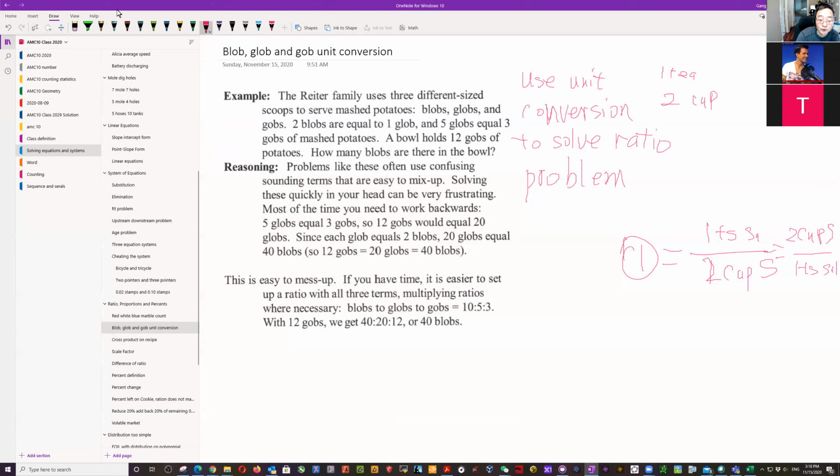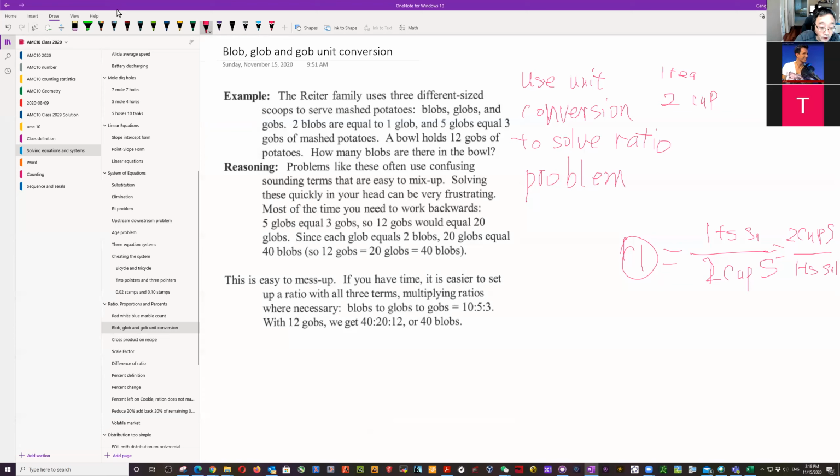And this actually is not even an invention, because this is actually an equivalence. In the recipe problem, I'm relating salt to sugar, and sugar and salt are different. They just have to be in the right proportion. And here, glob and blob have equalities, for example, 2 blobs is equal to 1 glob.